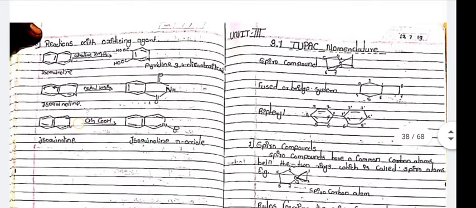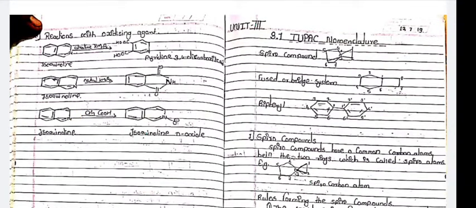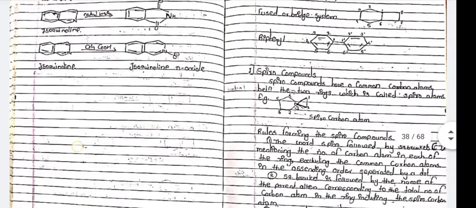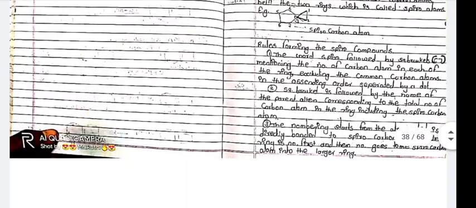So while writing the nomenclature of spiro compounds, the word spiro is followed by a square bracket mentioning the number of carbon atoms in each of the rings, excluding the common carbon atom, in ascending order, means first write the small and then write down the large number of rings.